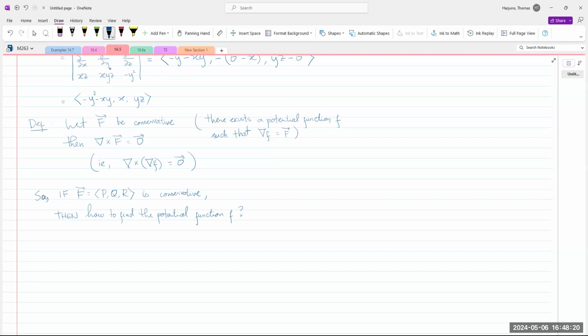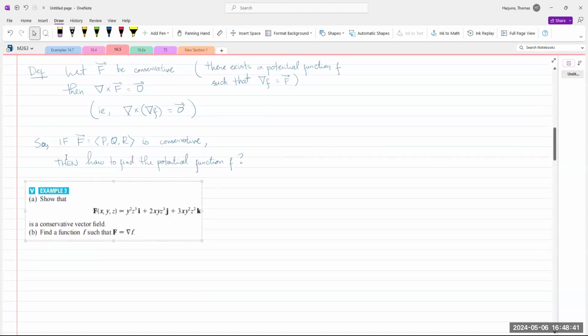We will do this with an example from our textbook again. Okay, I see that in example number 3. Suppose we have this vector field, show that it is conservative.